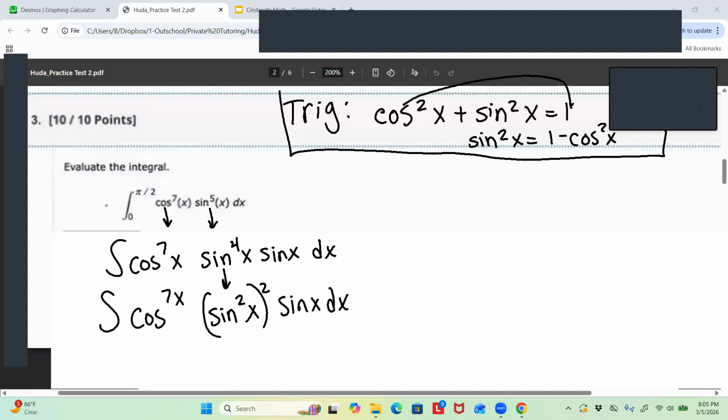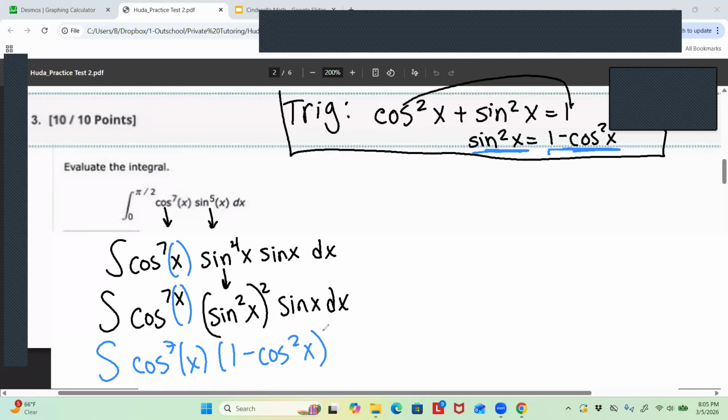But then I wanted it all to go to cosine. So I still have cosine to the 7th of x. And then using this rule right here, sine squared is 1 minus cosine squared. So this will be 1 minus cosine squared x, squared. And then we still have this. So it is all cosine except that one singular sine. That's what you want. You want that one hanging off the end.